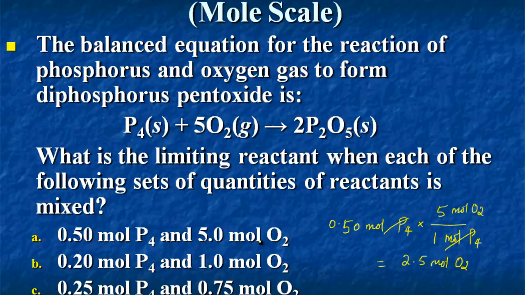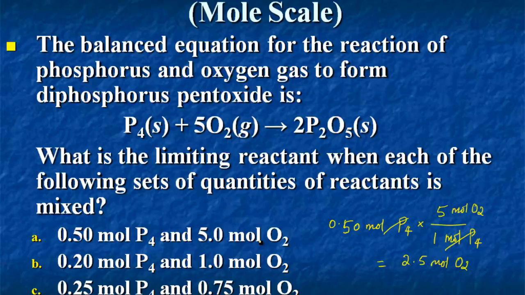This is how you decide which one is the limiting reactant. Pick up the first amount, whatever is given to you, and calculate what is the theoretical amount of the other reactant you need using the mole ratio concept which you learned in previous sections.